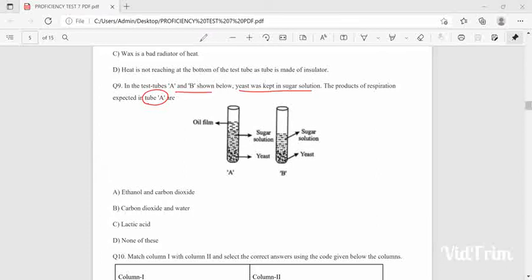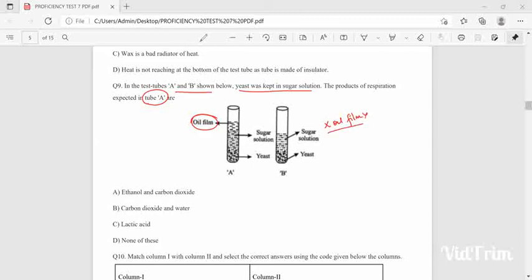That means in test tube A, above the sugar solution, a thin oil film is present, whereas this oil film is not present in test tube B. So this is the basic difference which we are seeing in test tubes A and B.